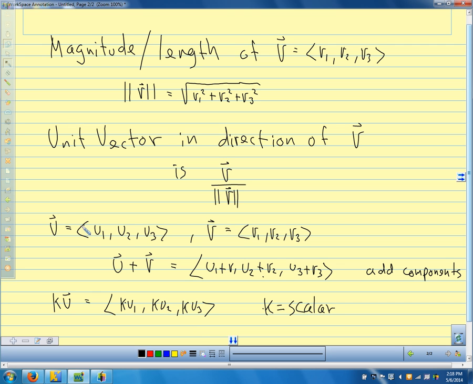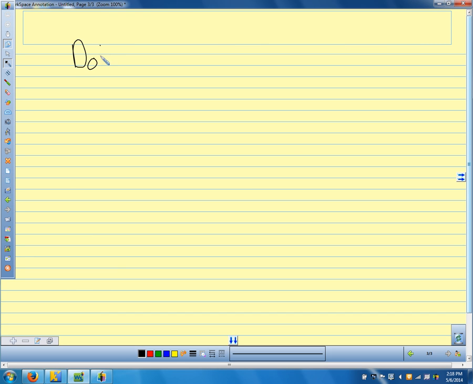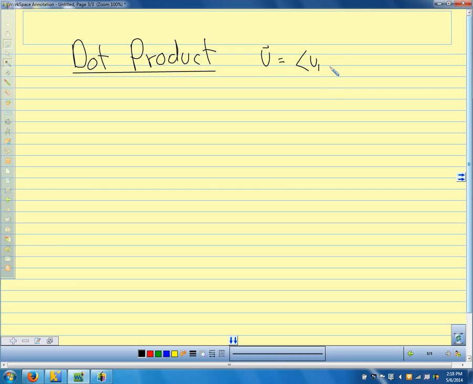All right, the next thing we're going to talk about is the dot product. Dot product is one way of multiplying vectors. And our dot product, if we have our vector u in component form u1, u2, u3, and v is v1, v2, v3.